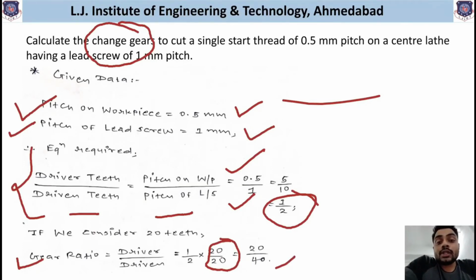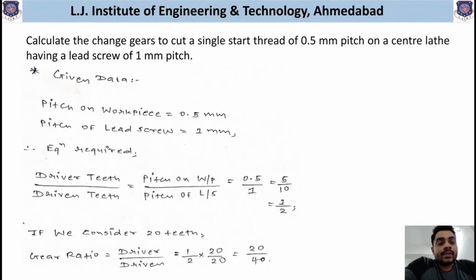Similarly, you can write another: if you select a gear having 25 teeth, then to maintain the ratio it will be 25 divided by 50. If one wants to select a gear having 30 teeth, there is also no problem, you just need to maintain the gearing ratio of 1 divided by 2, and that is our answer.